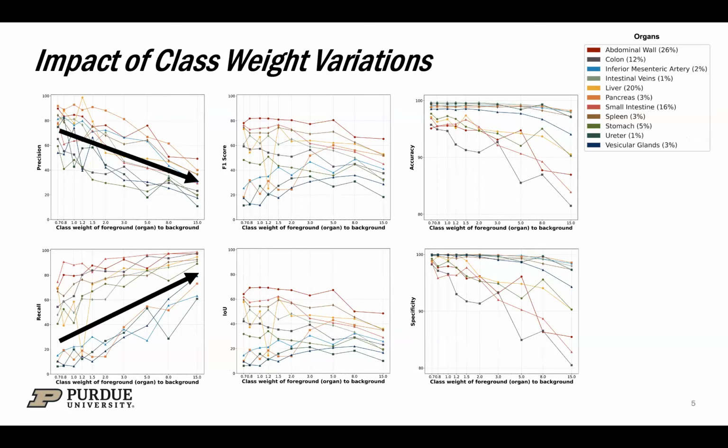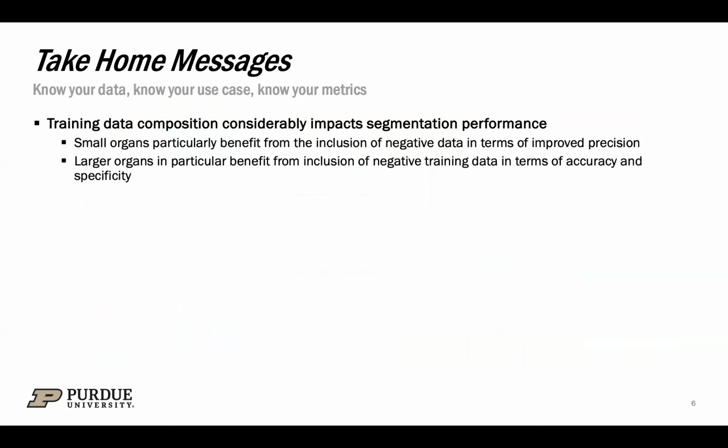Sorry, the precision will decrease and the recall will increase when we add weight to the foreground. And the F1 score and IOU remain relatively stable when the class weights are varied.